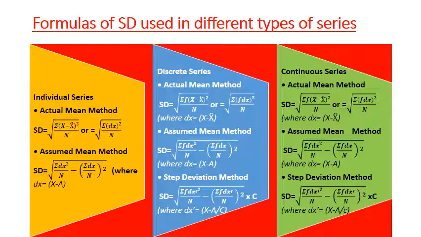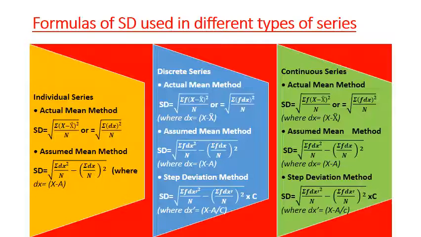In discrete series, in which frequency is associated with the items, in actual mean method, standard deviation is equal to under root of summation of f dx square divided by n, where dx is equal to x minus x bar.